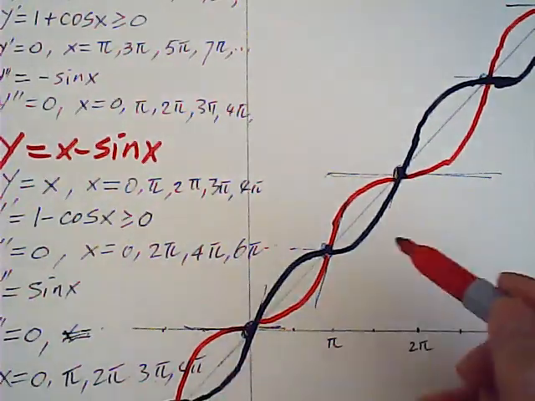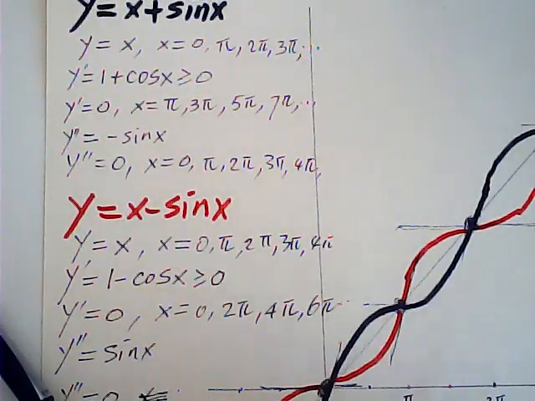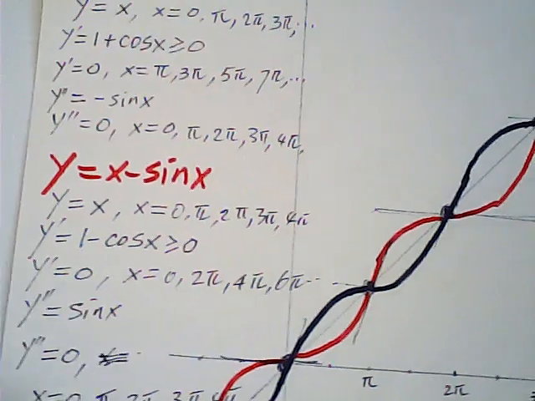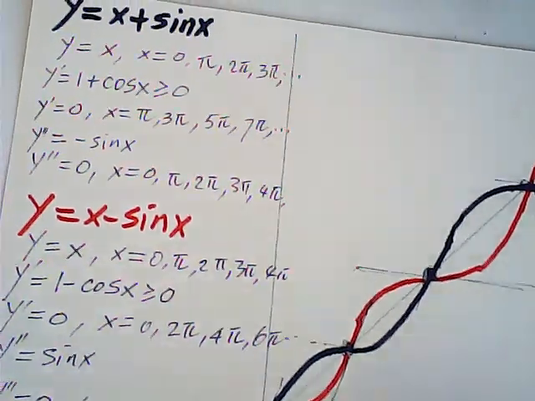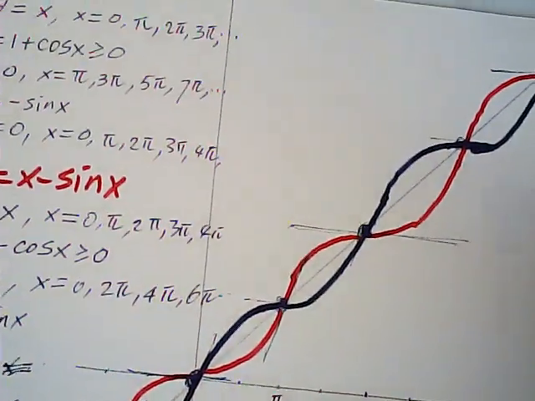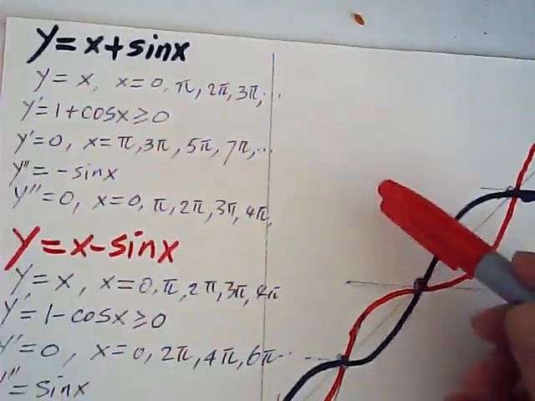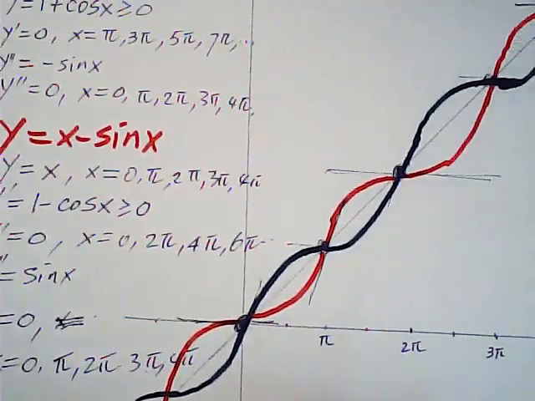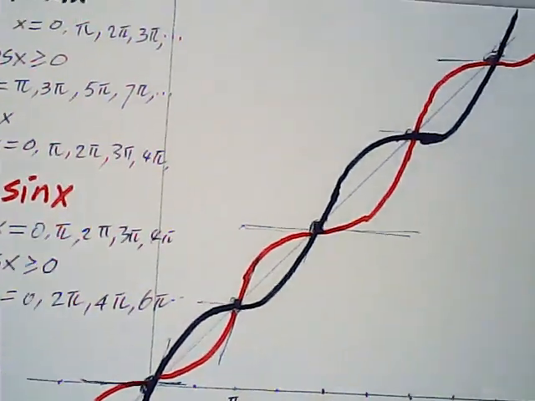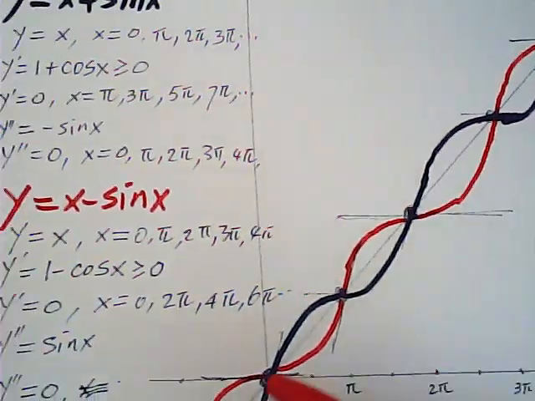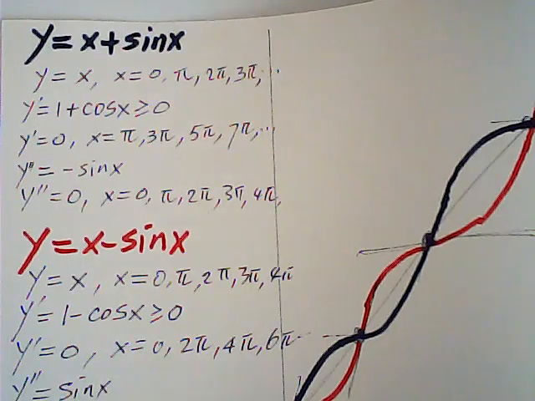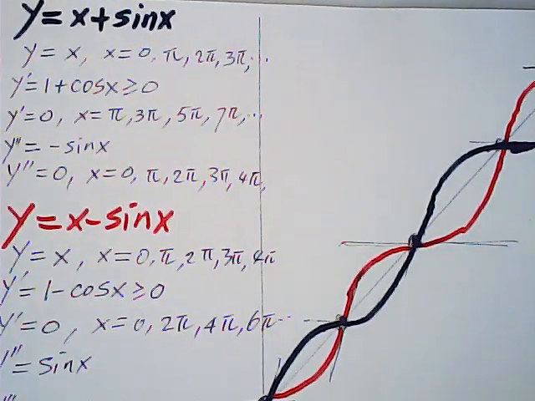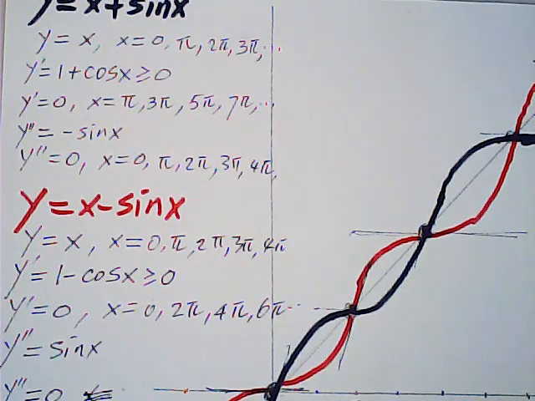Okay, so the red one is y equal to x minus sine x. So I purposely put these two curves on the same coordinate system because we will have a comparison, so we will have a better understanding. Okay, I think this is interesting.